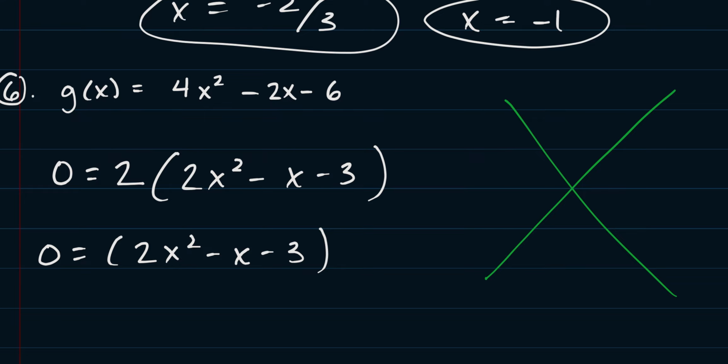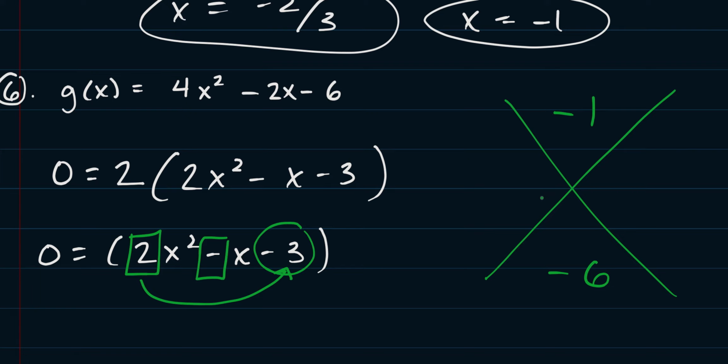Okay, we're going to do exactly what we did before. This coefficient in the front is not a 1, so we're going to take that number and multiply it with this -3. That gives me -6. And then I take the number in front of this x, which is -1, and I put it here. And I'm going to ask myself, what two numbers multiply to give me -6?